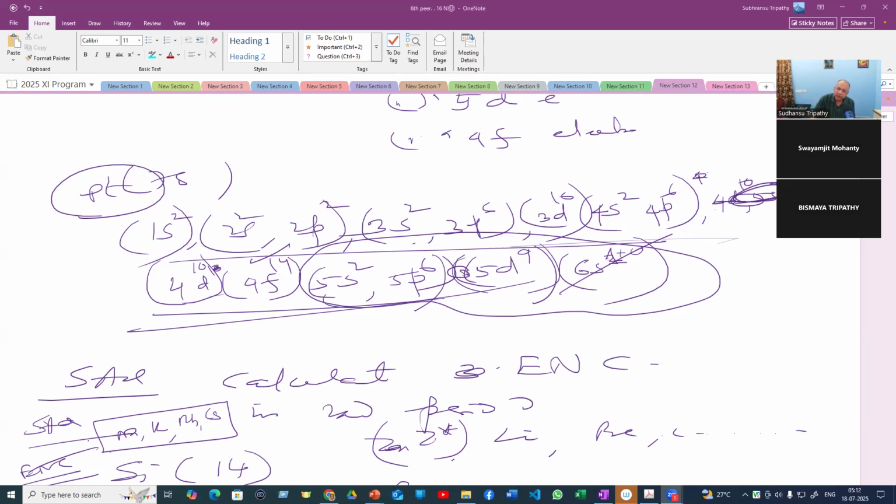We started to discuss ionization enthalpy, and we had completed how the ionization enthalpy varies across a period.